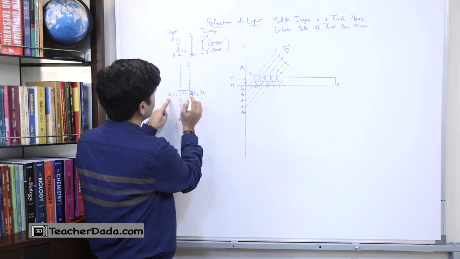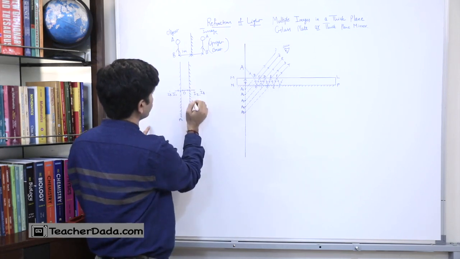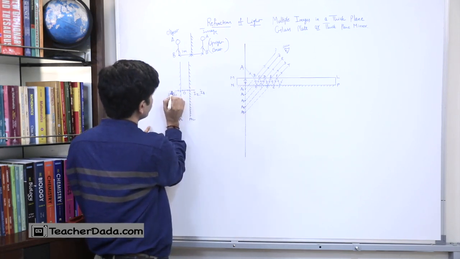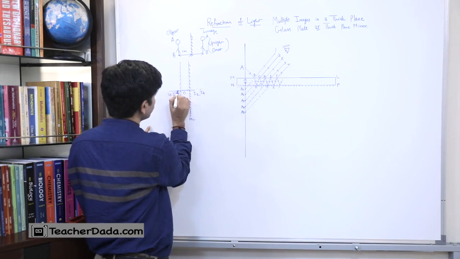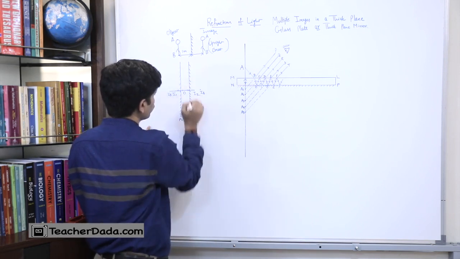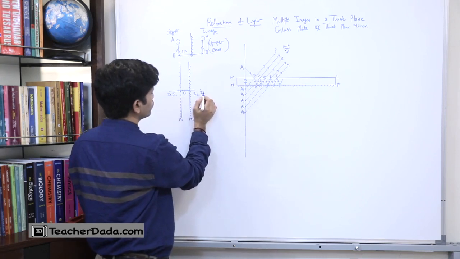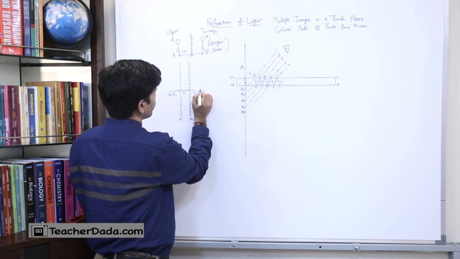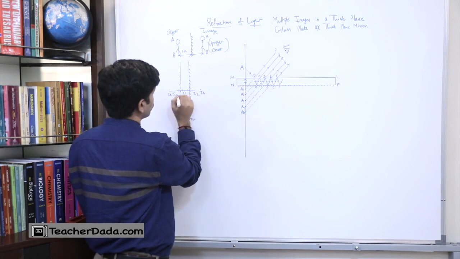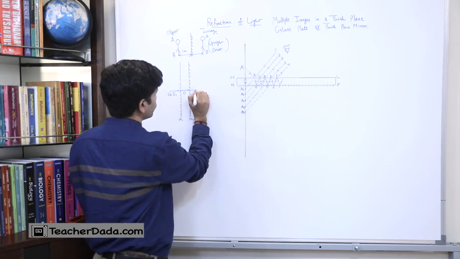I3 will act as the virtual object for the mirror M2, which is over here, and I4, the image which was formed before, will again act as a virtual object for the mirror M1 over here like this.